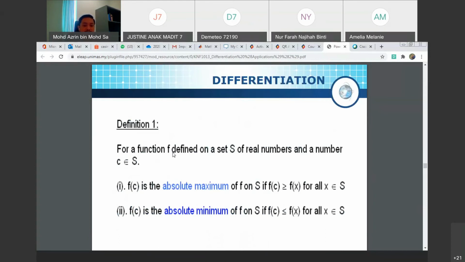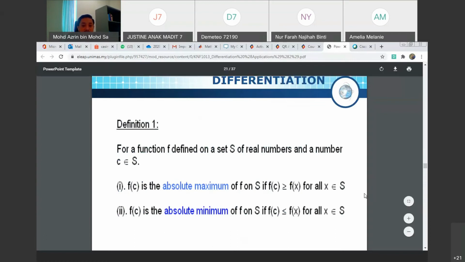For a function f defined on a set S of real numbers and a number c in S, c is the absolute maximum of f on S if f(c) is more than or equal to f(x) for all x in S. For the absolute minimum, f(c) is less than or equal to the value of f(x).